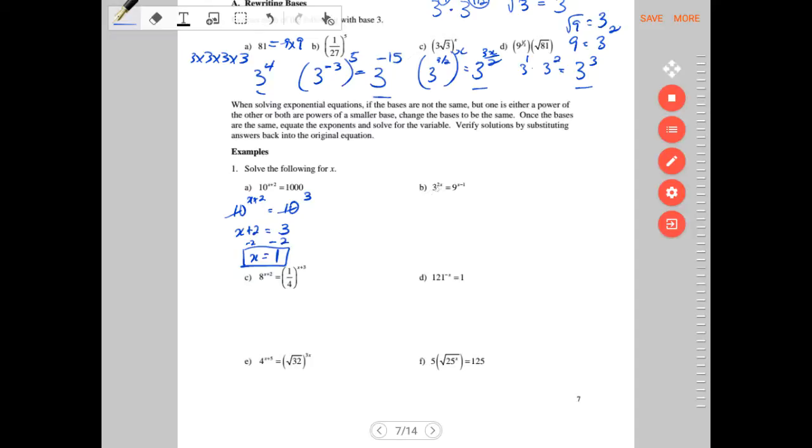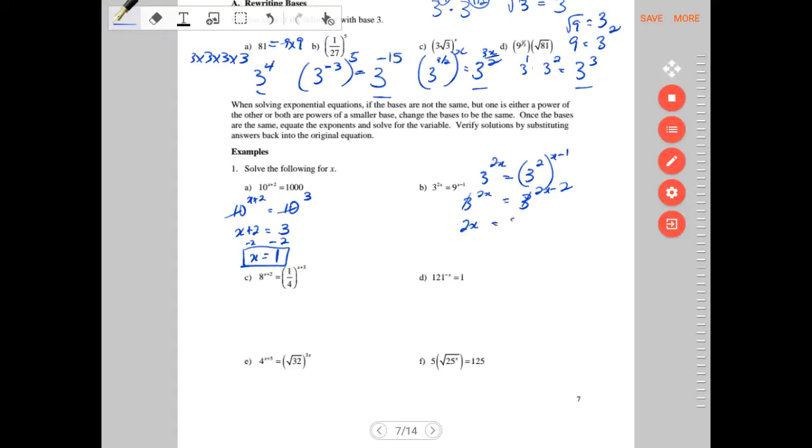Now, they are not the same base, but I know I can make 9 into a power of 3. So that becomes 3 to the 2x equals 3 to the 2, all to the power of x minus 1. Again, I'm going to multiply the exponents together, so I get 3 to the 2x equals 3 to the 2x minus 2. Now that the bases are the same, I can make the exponents equal each other.